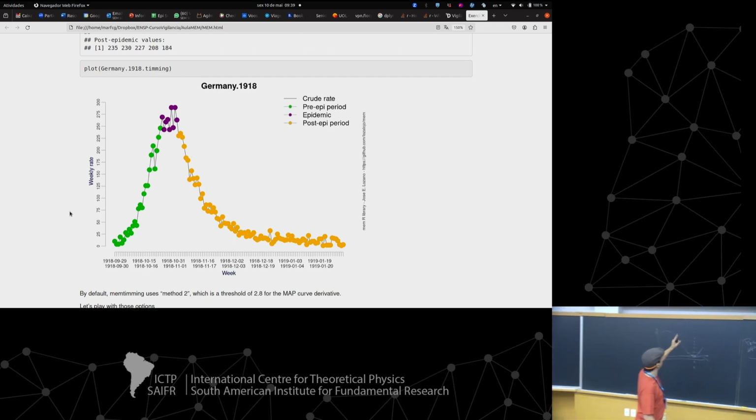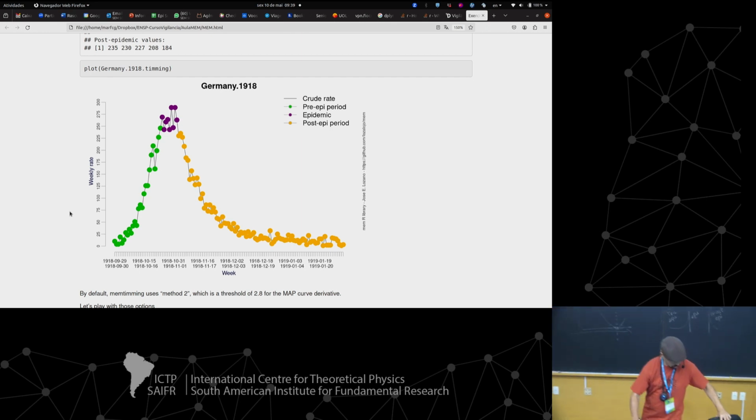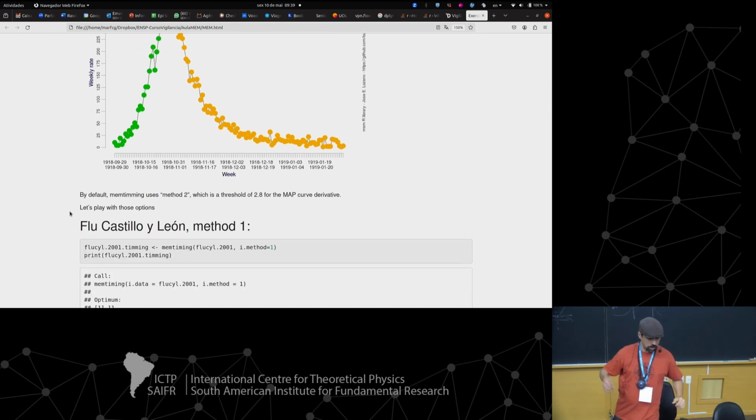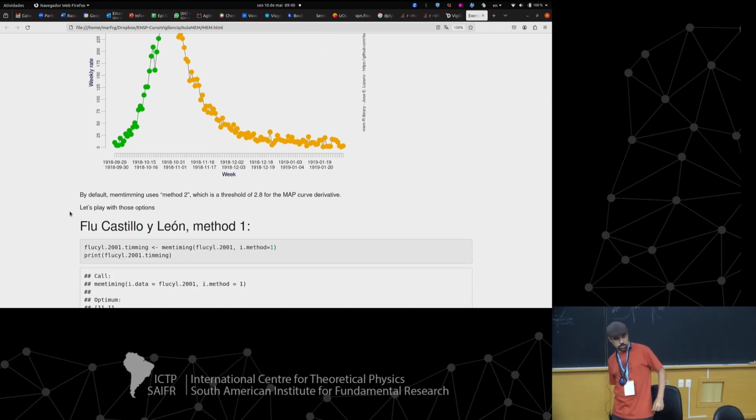Now, for this function, by default, it uses what we called yesterday method 2, and the reason is that it's the number associated with the parameter for the method that you want to use in this function.